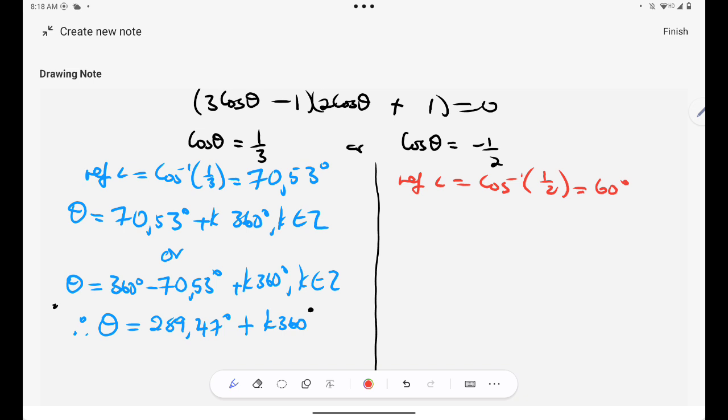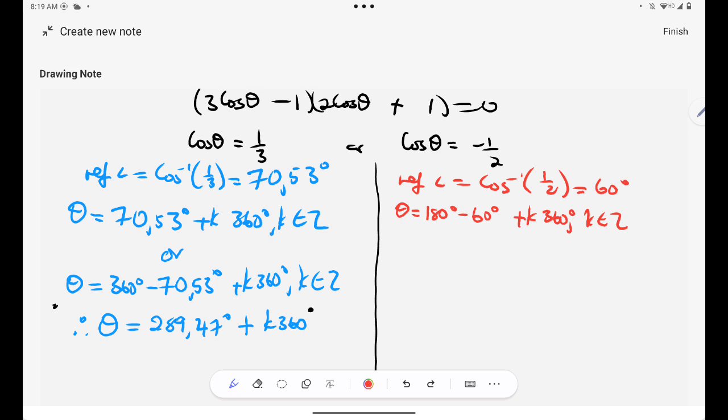My duty is to express the 60 degrees where cos is negative. I know that cos is negative in the second and third quadrant. So in the second quadrant, theta is equal to 180 minus 60 degrees plus k 360, where k is an integer.